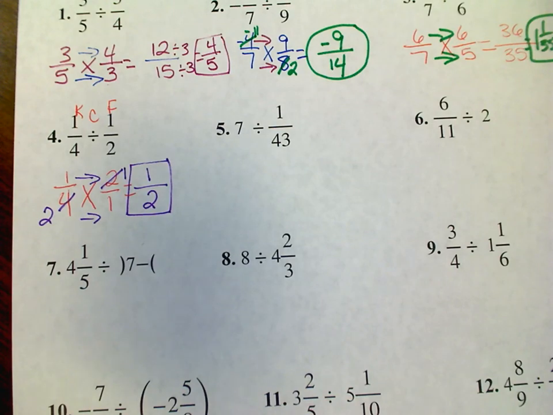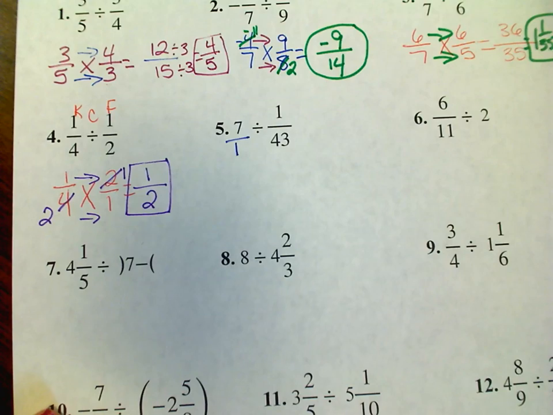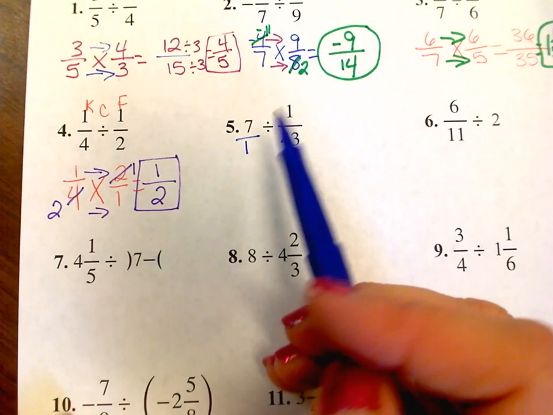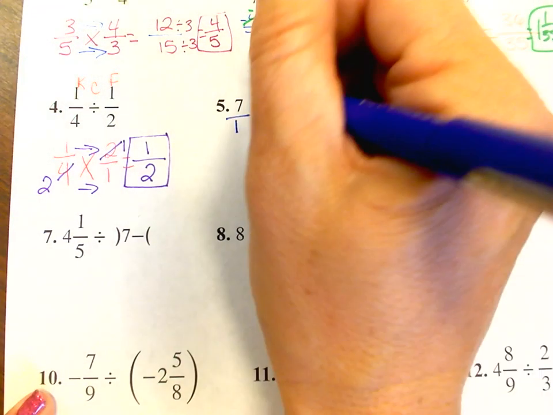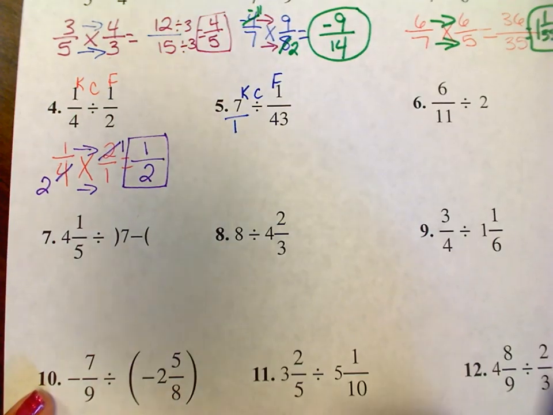And number 5, we have a whole number. To make a whole number a fraction, simply put it over 1, because 7 divided by 1 is 7. So anytime you have a whole number, just put it over 1. So again, label it keep, change, flip.